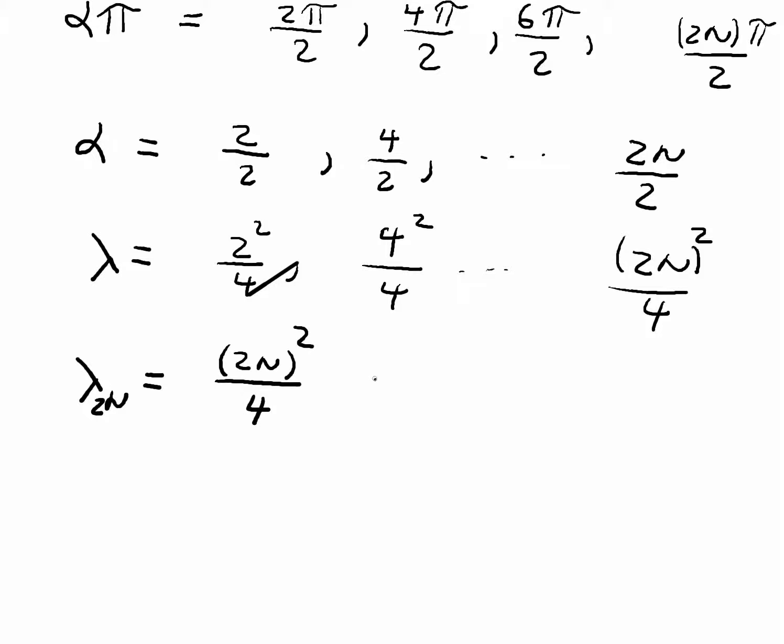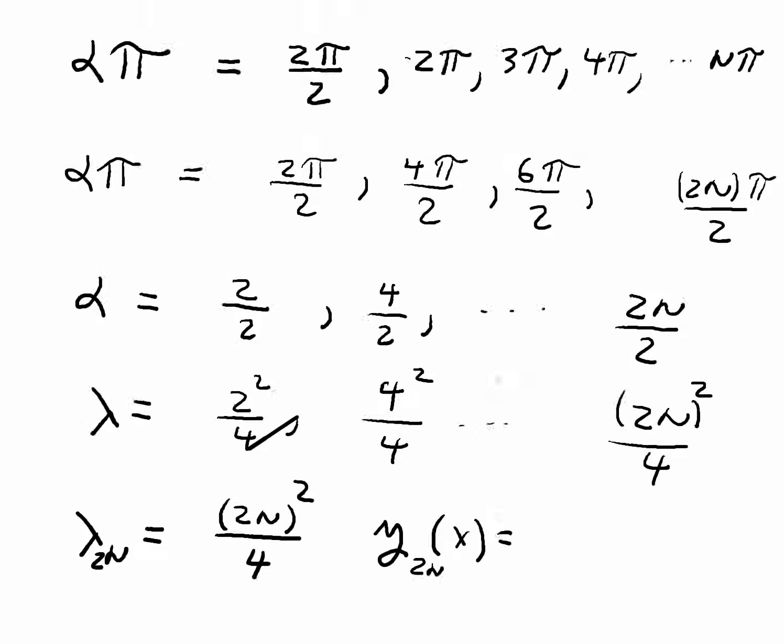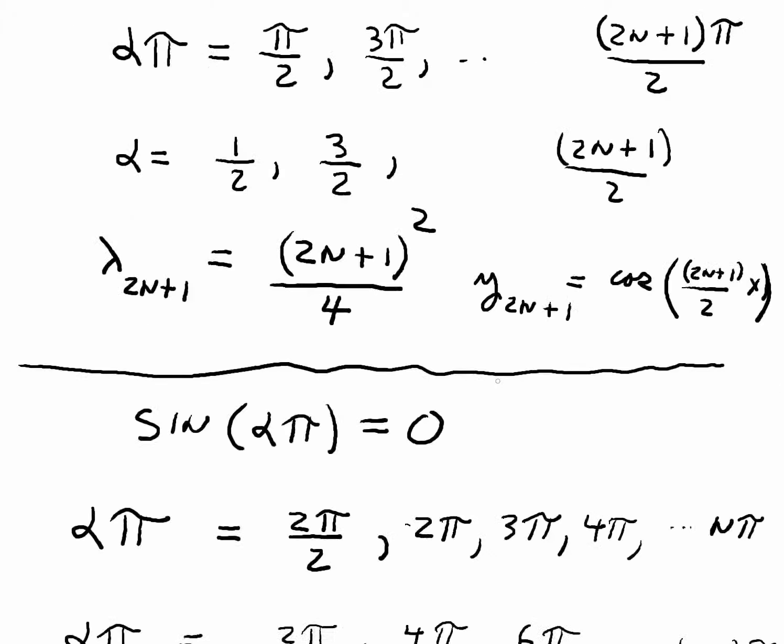And then we get our eigenfunctions, y sub 2n, we can choose to be the following. Are we with the sine now? Yes, we're with the sine.